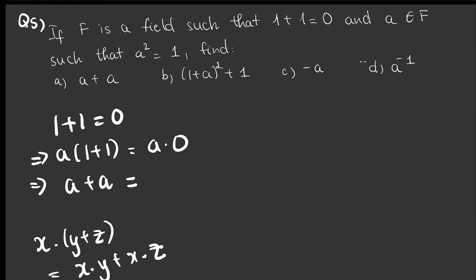A times 0 is 0. I think we proved it as a claim. It is not in the field axioms, but we proved it as a claim in the notes, so you can use it. Therefore, A plus A equals 0.